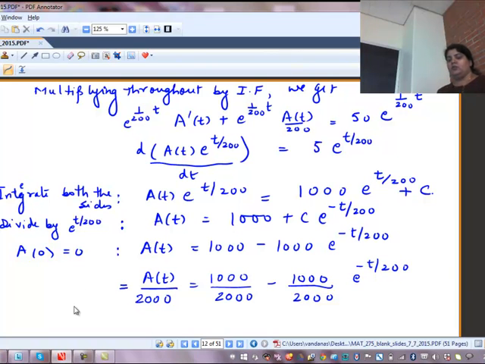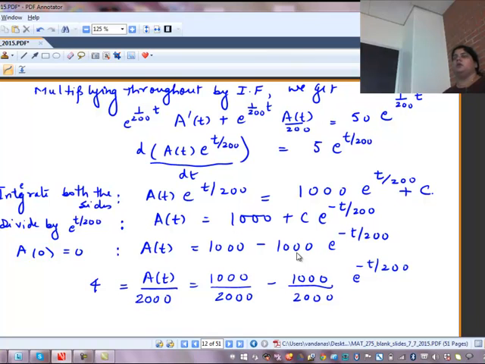Now this whole thing is 4. If this whole thing is 4, what is A(t) then? 8000. So if you plug 8000 here and simplify the equation for time t, you will get the time when the concentration is 4 grams per liter.